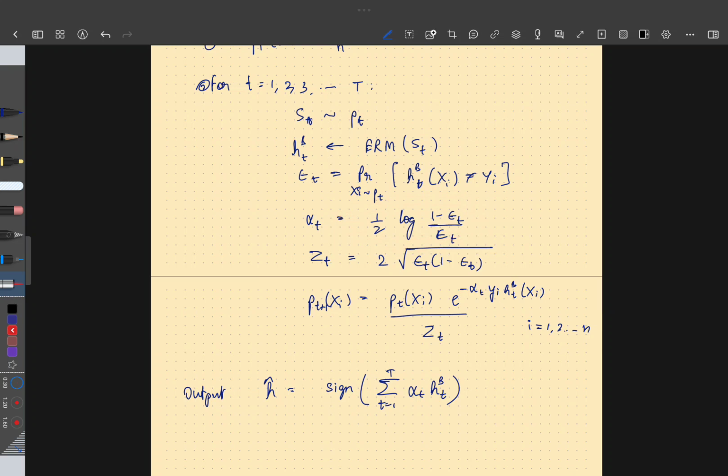That's the assumption. But the question was, can a particular predictor give a loss which is strictly greater than half? In that case, wouldn't you reverse the outputs? Exactly. You just reverse the outputs and you automatically get something which is less than half. So really the bad case is when it's equal to half.